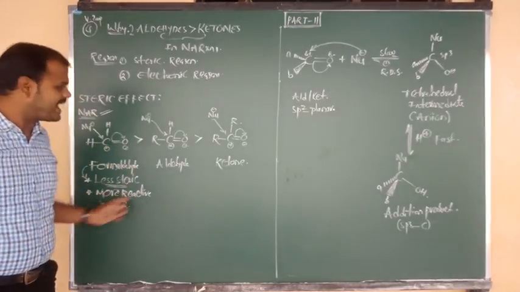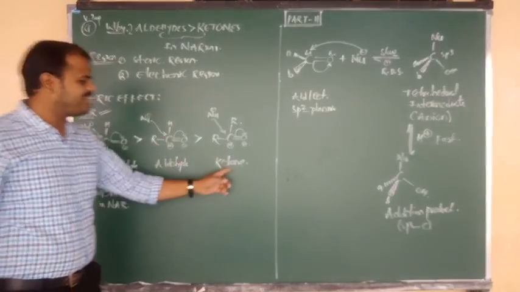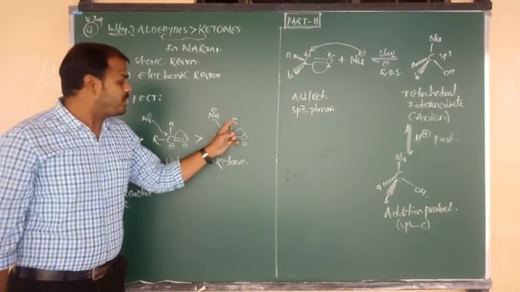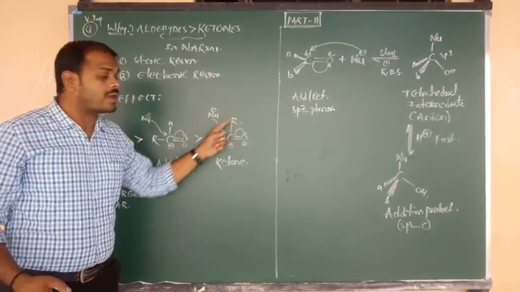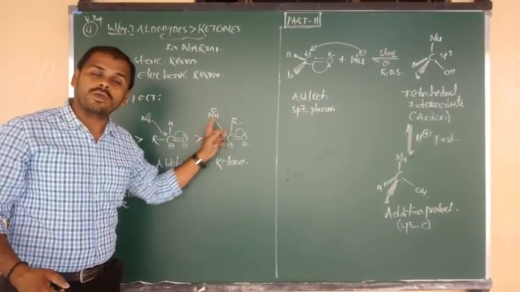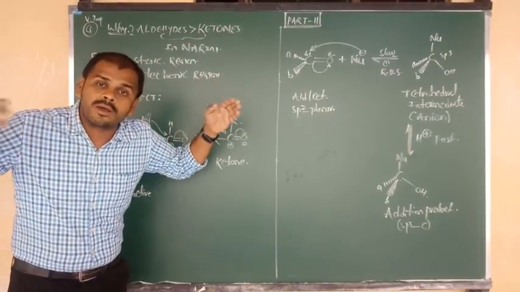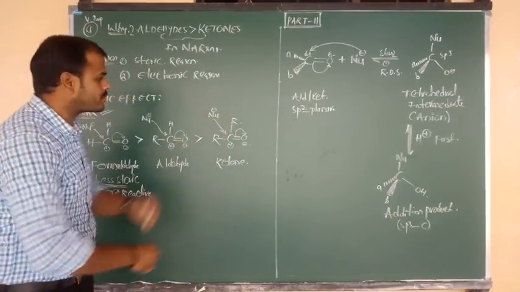Now go directly to ketones. In ketones, around the carbonyl carbon, two large substituents are there: methyl, methyl, ethyl, ethyl, pentyl, pentyl, isopropyl, isopropyl. Like that you can consider a number of bulky alkyl groups.